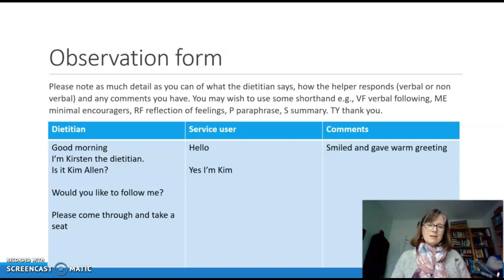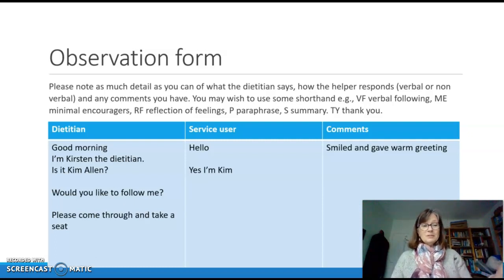Develop your own shorthand as well. You don't need to write minimal encourager. You can just write ME, reflection of feelings, RF. Think about those things and what you can write down, and those words that might be picking up verbal following.